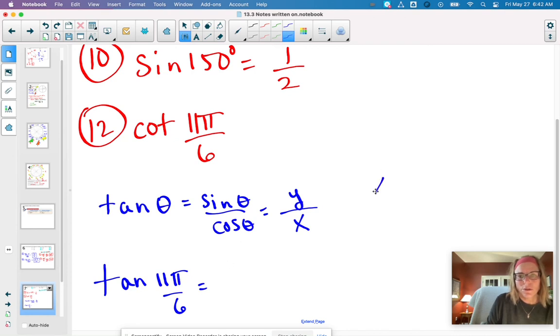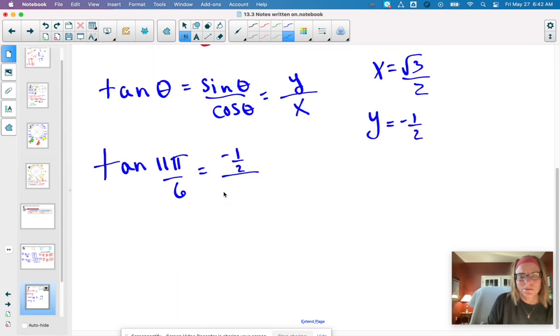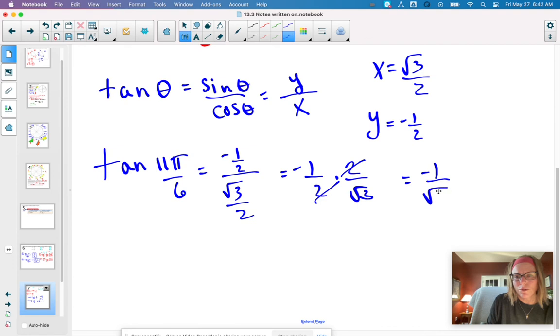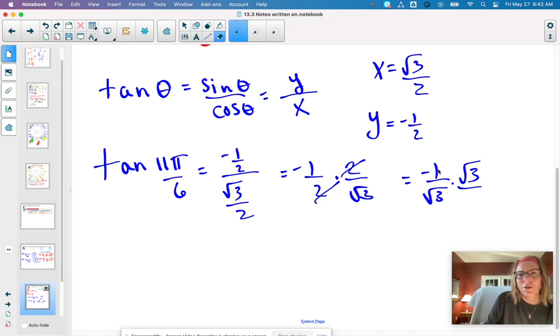So we said that x is equal to root 3 over 2, and y is equal to negative 1/2. Take our y divided by our x. So take the top times the reciprocal of the bottom: negative 1 over root 3. But actually, we don't have to go any further because we're not trying to find tan.